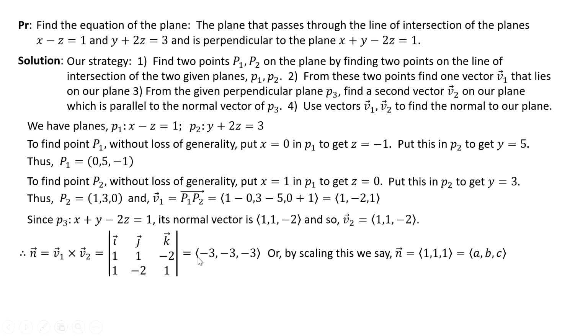If a certain vector of length, let's say, 10 inches is perpendicular to a plane, and you shrink that vector to 1 inch in length, keeping the direction the same, is that still perpendicular to our plane?